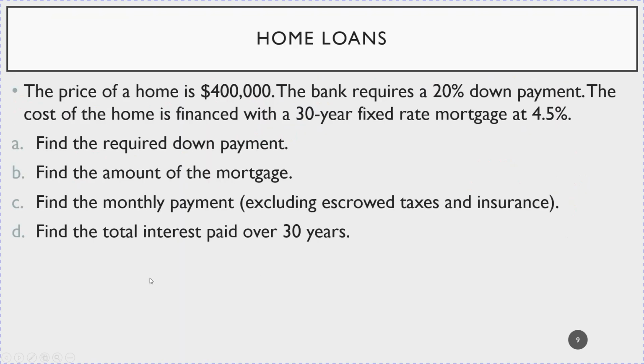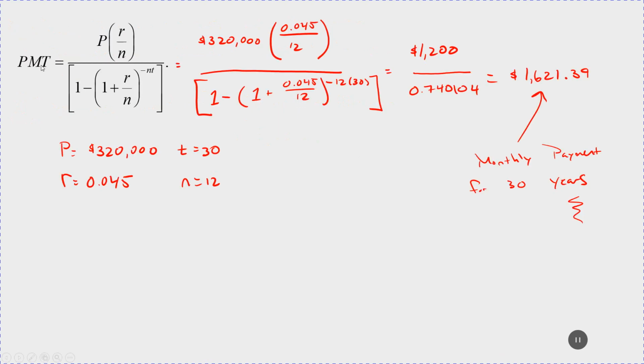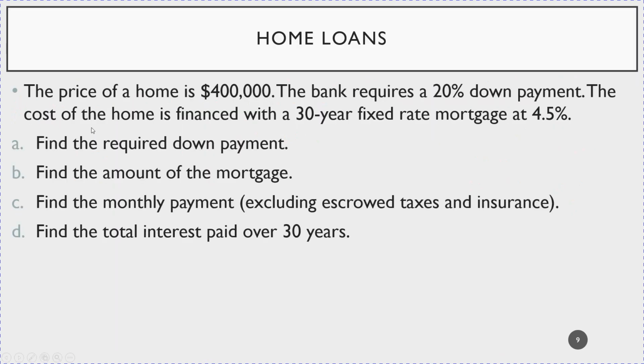All right, so the last question asked us, how much are you going to pay in interest over this 30-year loan? So this is our last part, Part D here.